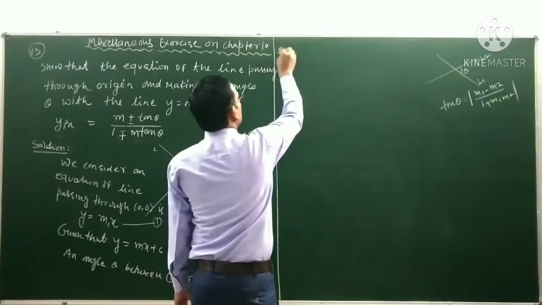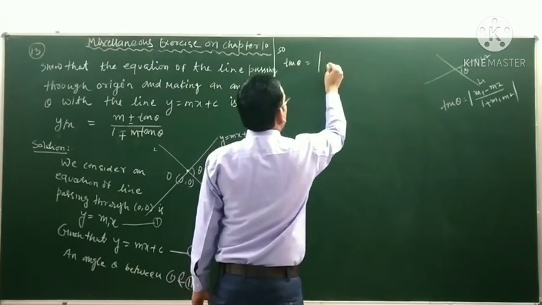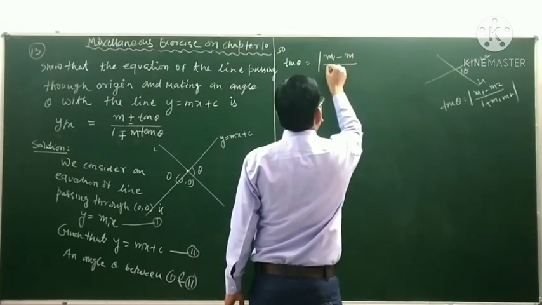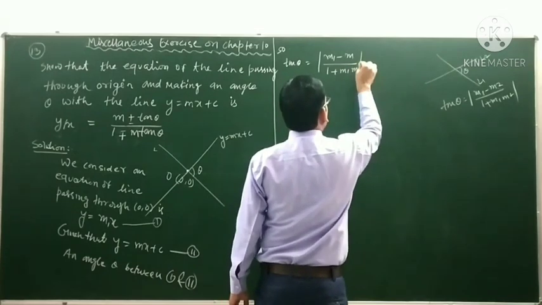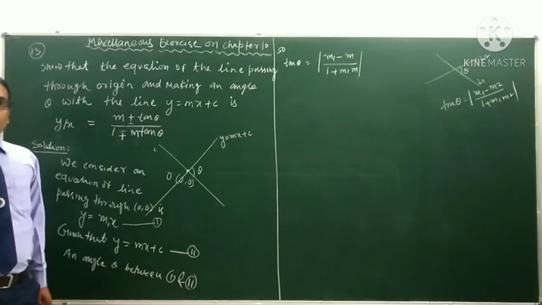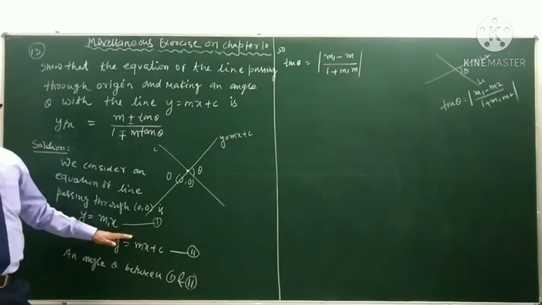So tan theta is equal to mod of m1 minus m upon 1 plus m1 into m, where m1 is the slope of the first line and m is the slope of the second line.